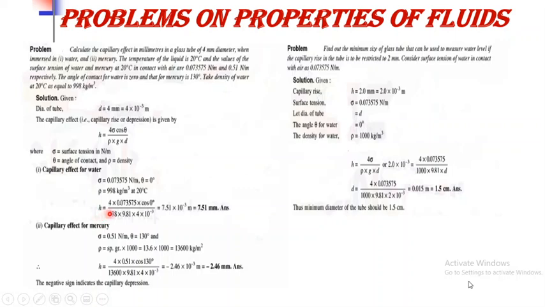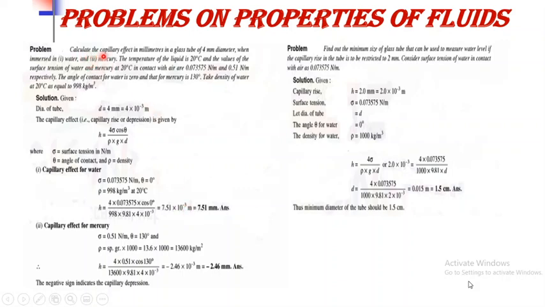So simply by putting the values here, that is sigma, then theta is 0, then rho is 998, then value of g, acceleration due to gravity, is 9.81, and diameter is given, that is 4 into 10 raised to minus 3. So by putting all these values, we get the answer as 7.51 into 10 raised to minus 3 meter.